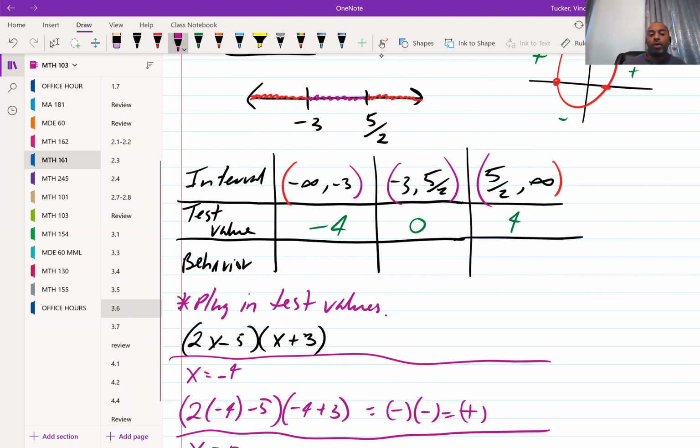Now, you want to do the work. 2 times -4 is -8. -8 minus 5 is -13. Then -4 plus 1 is -3. So you're talking about -13 times -3. That'll give you a positive. That's fine. But all I really need to know is, is it positive? Okay.